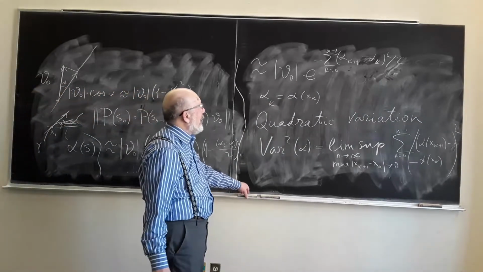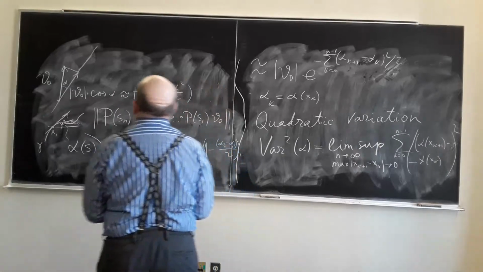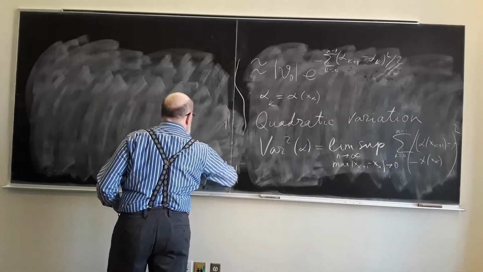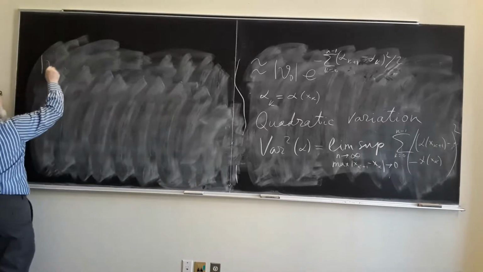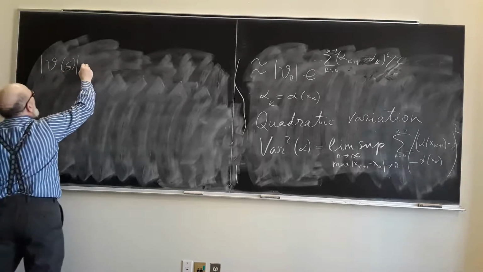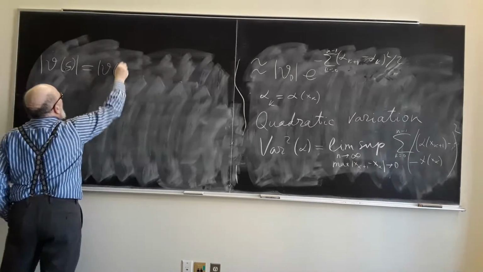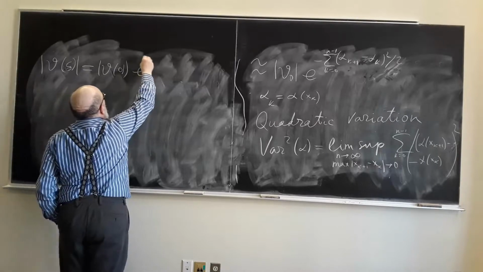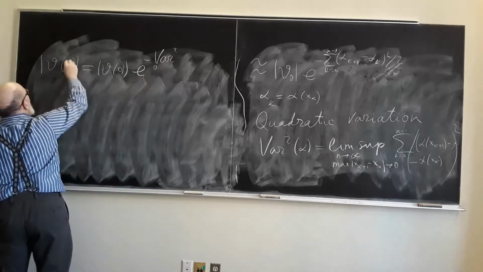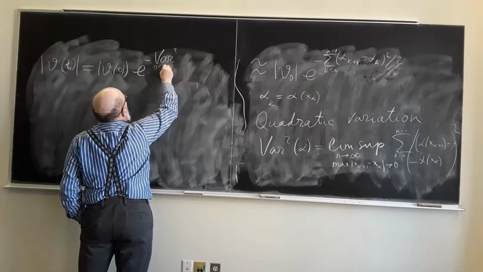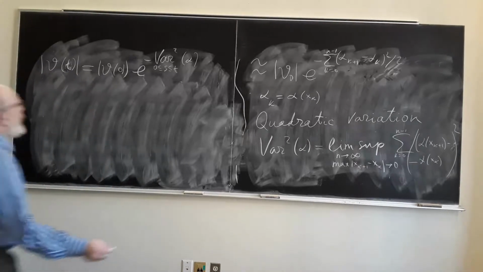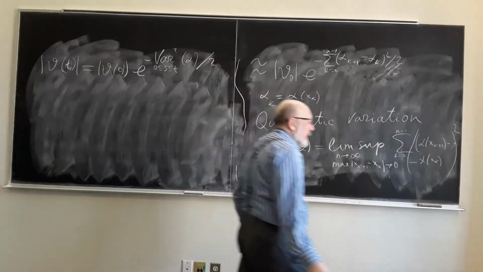So, quadratic variation, and we have approximately the following estimation: V of S is equal to V of 0 minus, say, V of T, times E of alpha, divided by 2. Yeah, so it is quadratic variation.